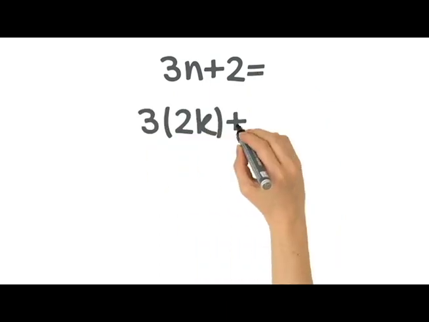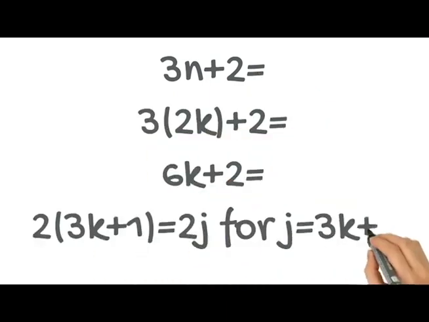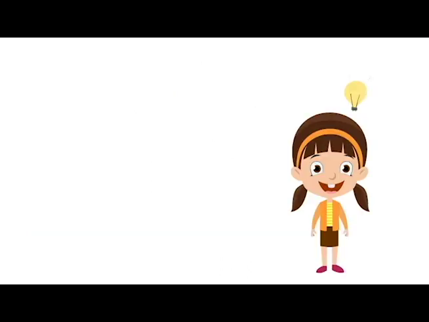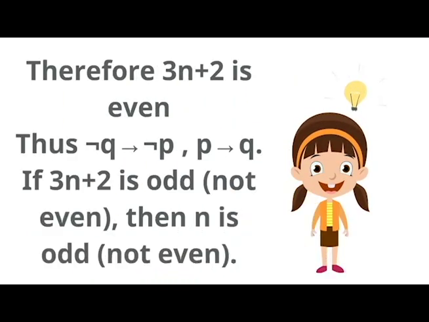Then we use that n, substituting it into 3n plus 2, or P, and then we use algebra to get to our final statement that 2 times (3k plus 1) equals 2j, for j equals 3k plus 1. Therefore, the statement 3n plus 2 is even.